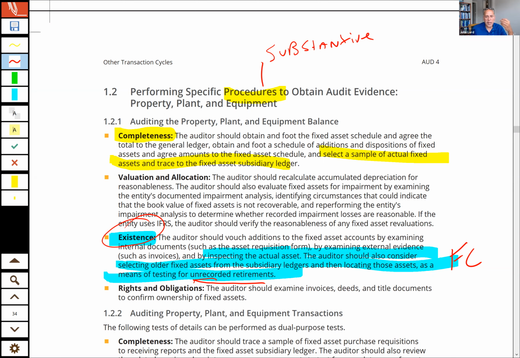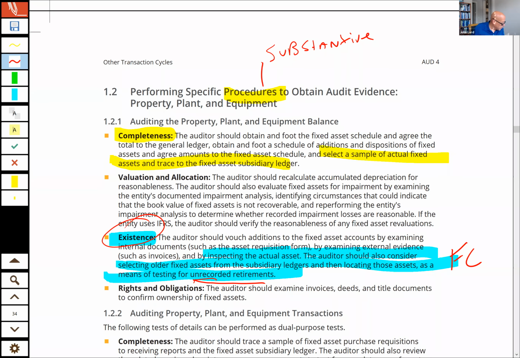You acquired this asset in 1974, and your accounting records are saying it still exists. I'd like to see that, because by now it's practically an antique, right? And then you go to look at it, and guess what? It's not there. So you just did what? An existence test, even though we're using the word unrecorded here for unrecorded retirements. Okay? Question.